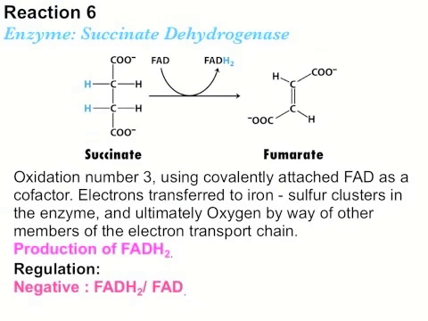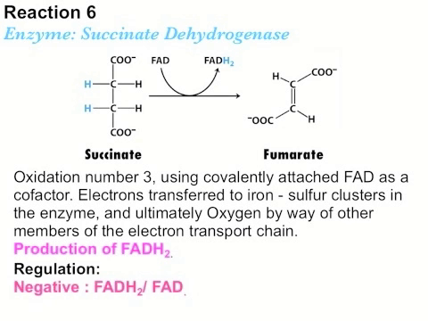This is reaction number 6. The enzyme that catalyzes this reaction is succinate dehydrogenase. It catalyzes the oxidation of succinate to form fumarate with the reduction of FAD to form FADH2. We're going to use covalently attached FAD as a cofactor.